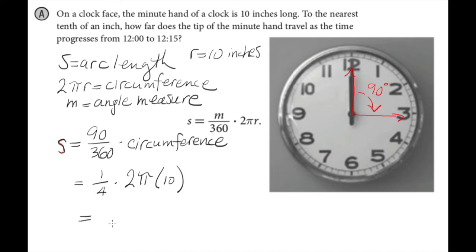M is 90, r is 10. So 90 over 360, that's 1/4 of the clock face that is traversed. Then you just multiply that by the circumference to get the arc length. And you get 5 pi inches. If you multiply that out, you get 15.7 inches.